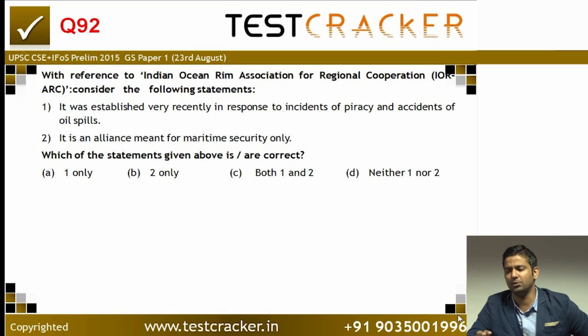When is the last time you had a huge oil spill in Indian Ocean, and what do you mean by very recently? Last year, last 5 years, last 10 years? Statement itself should make you doubt this. What is the range of recent, right? And is it in response to one incidents of piracy, maybe accidents of oil spills? How many oil spills, how many big oil spills have happened in the Indian Ocean?